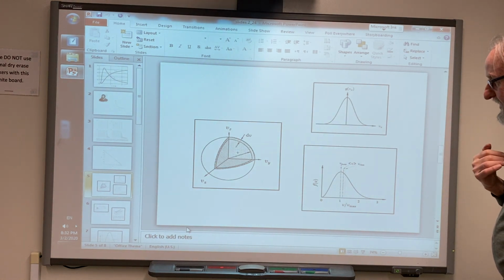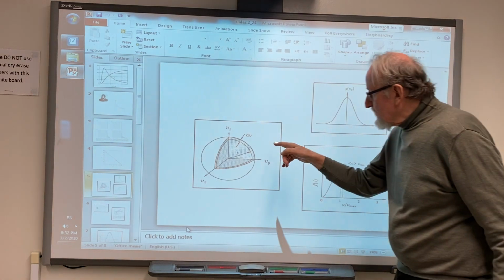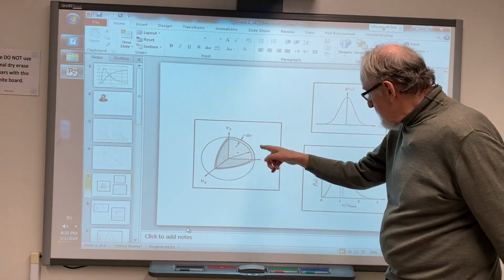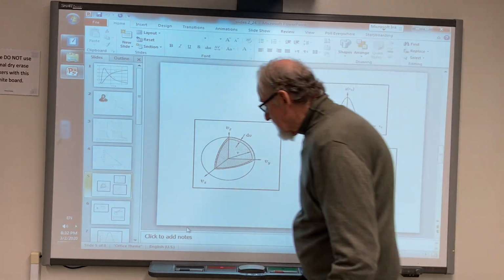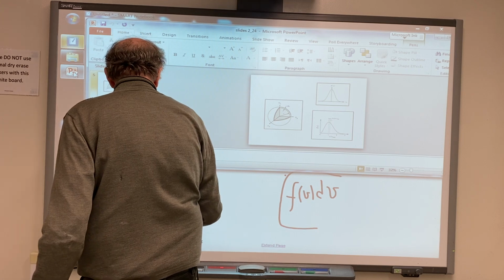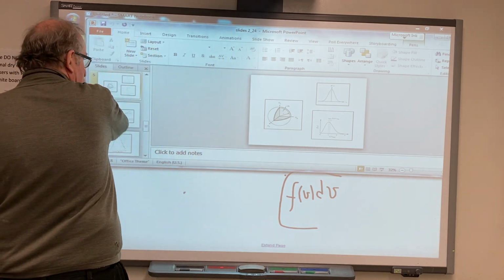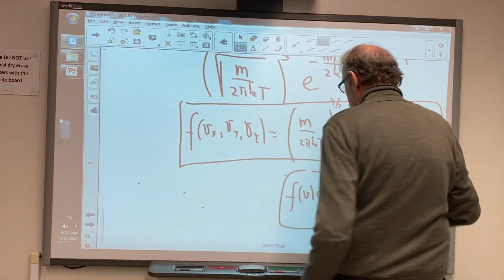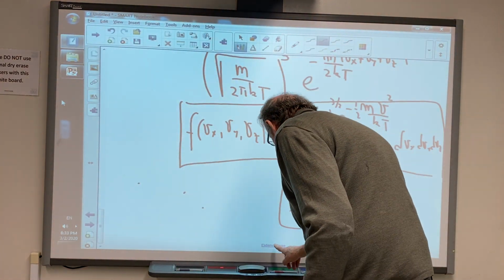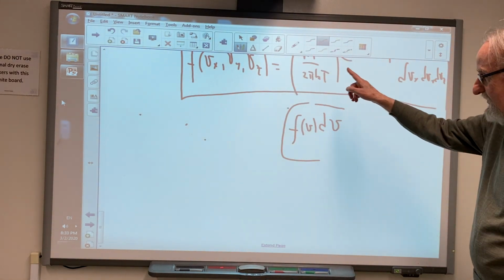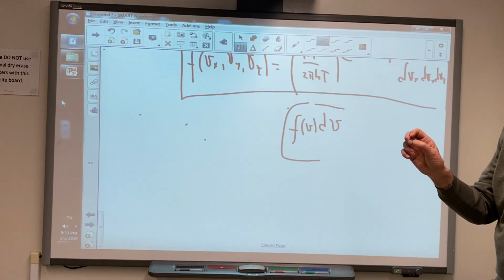Keep this picture in your mind, I'll come back to it, but now I want to justify this. What I wanted to do is to calculate the distribution of the speeds. I have a distribution of the velocities.